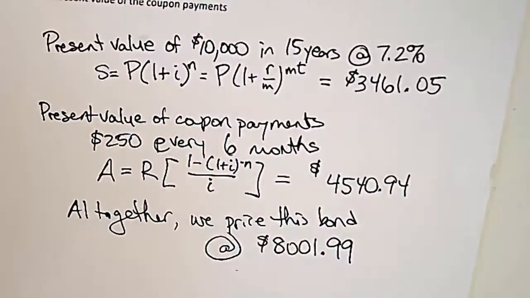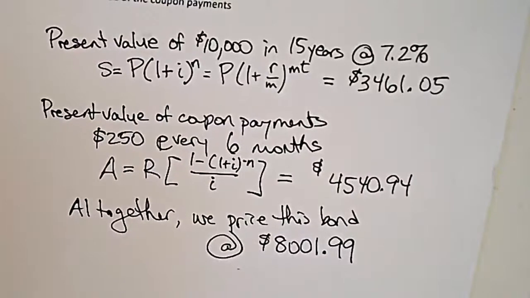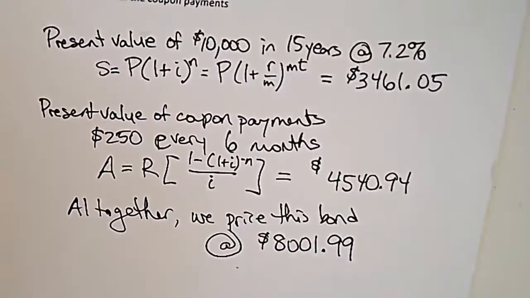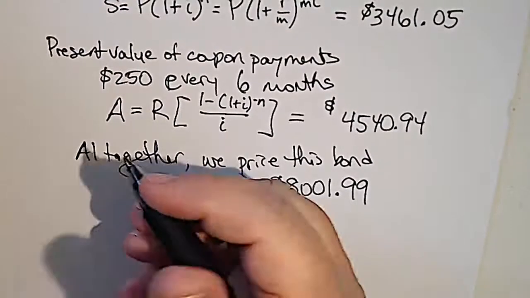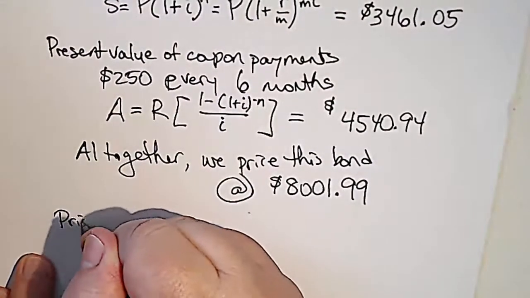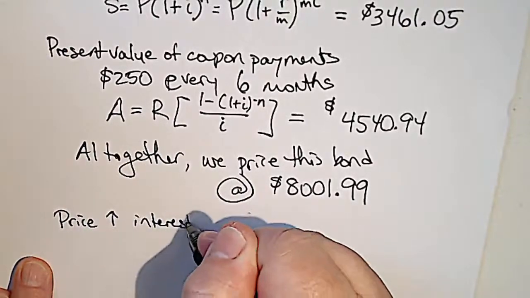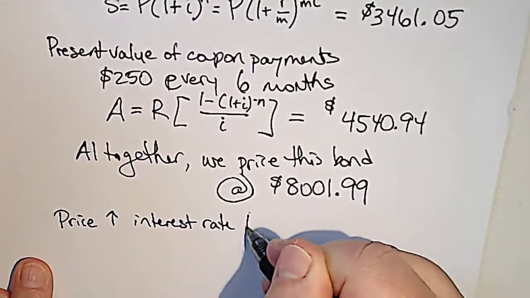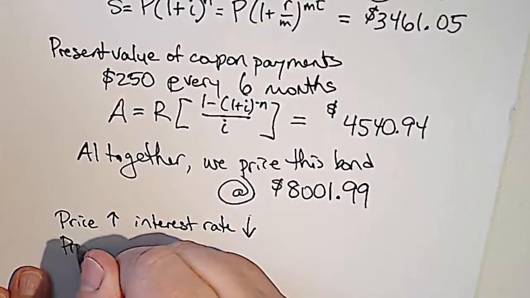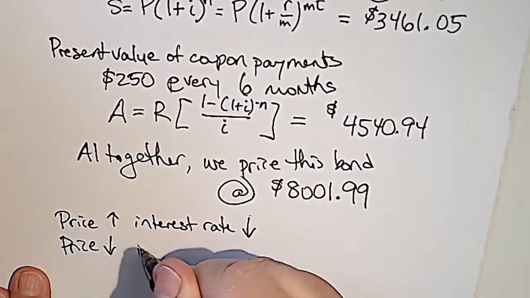So about $8,002. And again, if the price goes above this, the interest rate goes down. If the price goes down, the interest rate goes up.